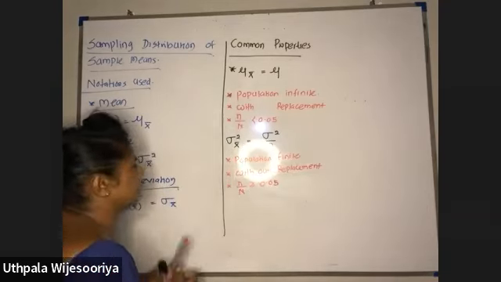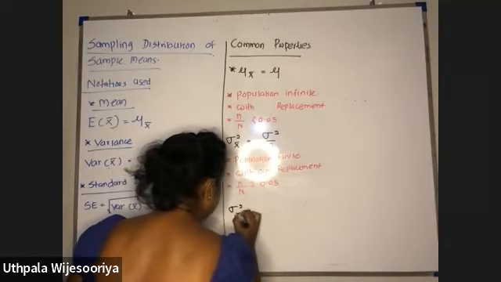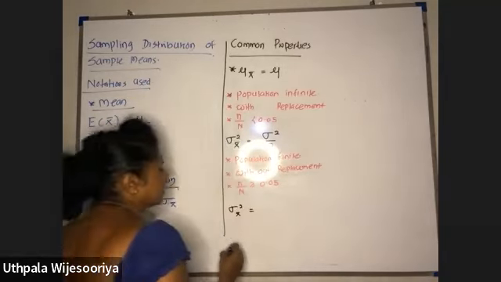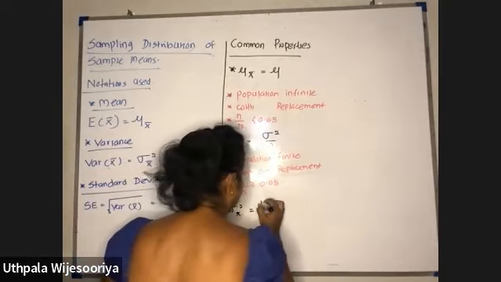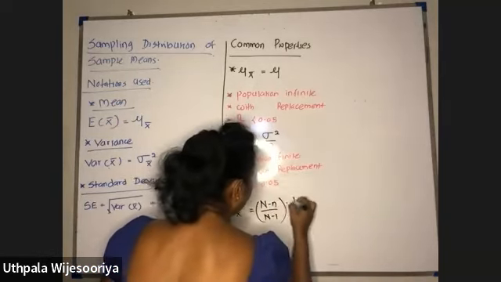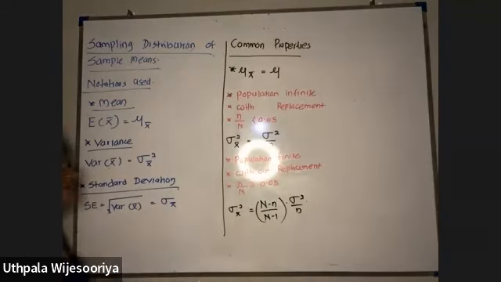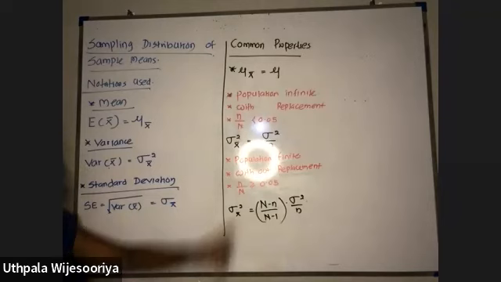So what is this variance? The variance is equal to the correction factor into the population variance over sample size. These are the three common properties.